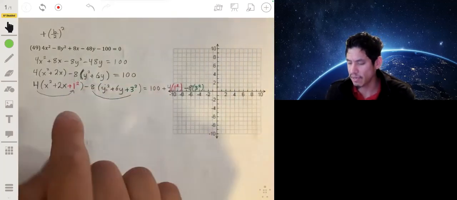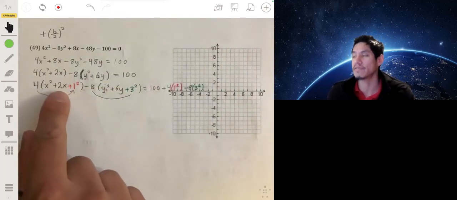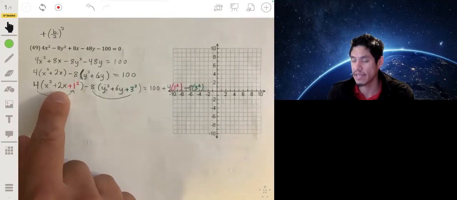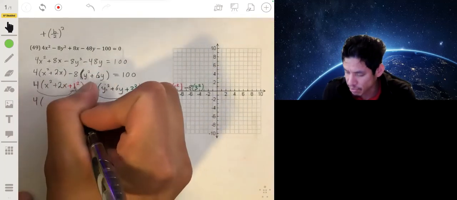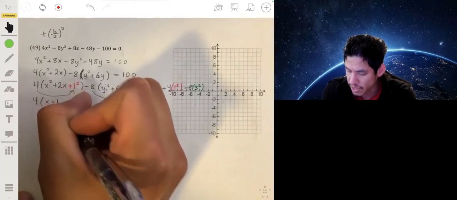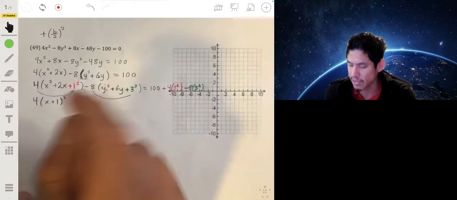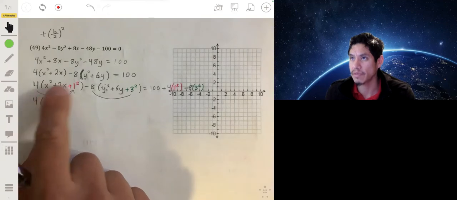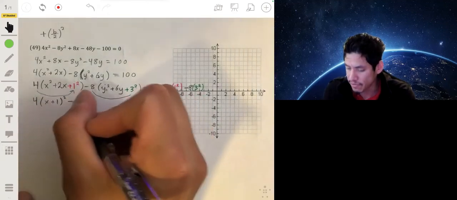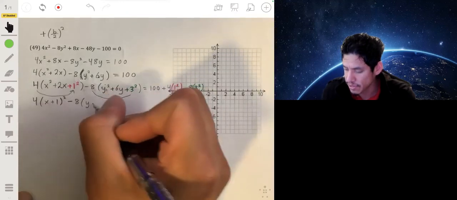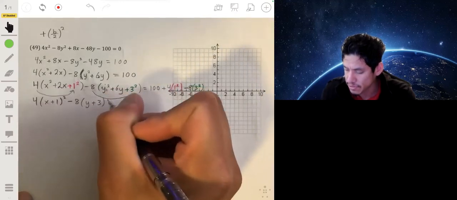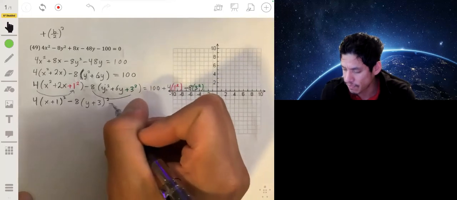Now the nice thing about completing the square is that this makes it easy to determine how it's going to be factored. This will just be equal to 4 times x plus 1 squared. That's the whole point of completing the square. And then for the y terms, we'll have y plus 3 squared as their factored form.